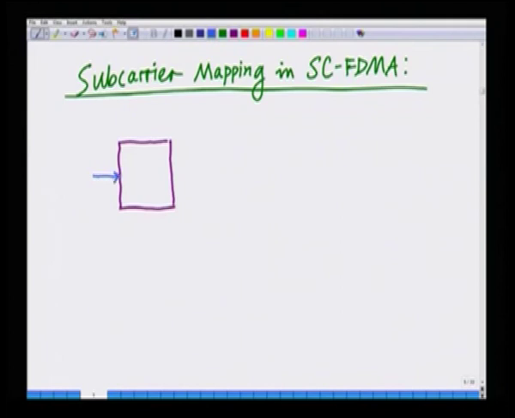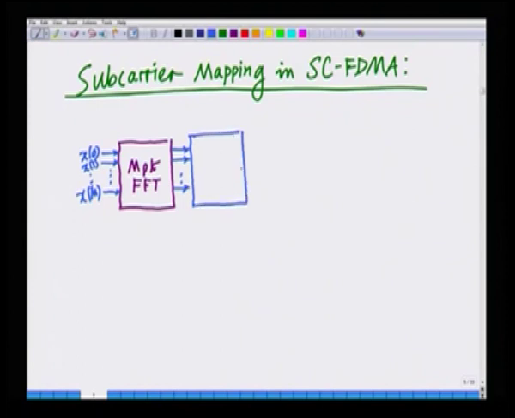I have an incoming stream of M symbols x0, x1, so on up to x small m, and here I am performing the M point FFT, which yields symbols that I am now mapping to the capital N subcarriers.